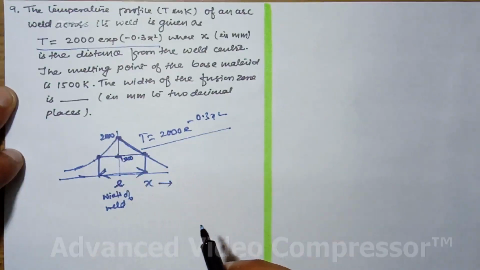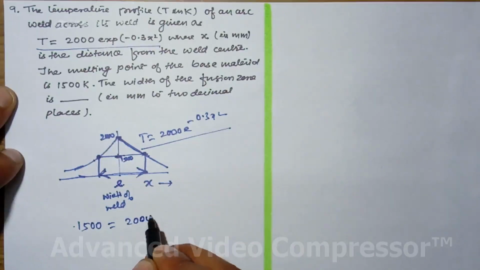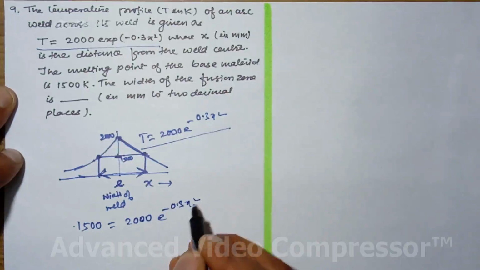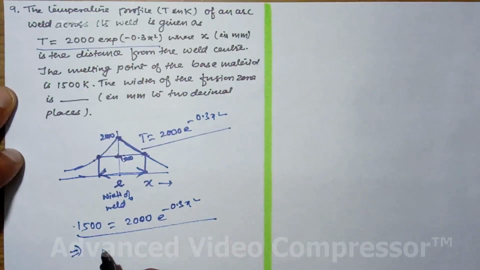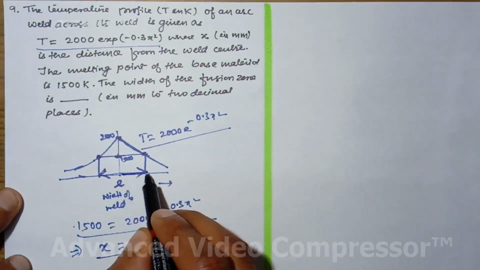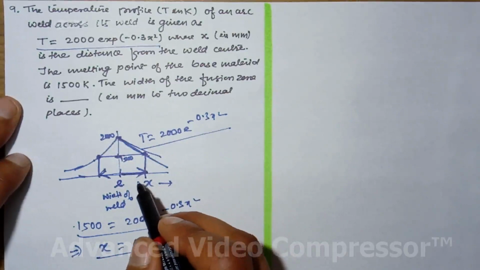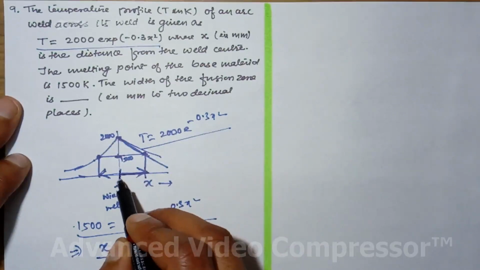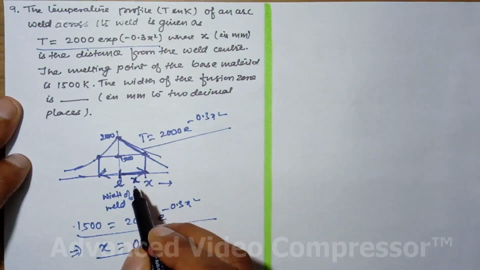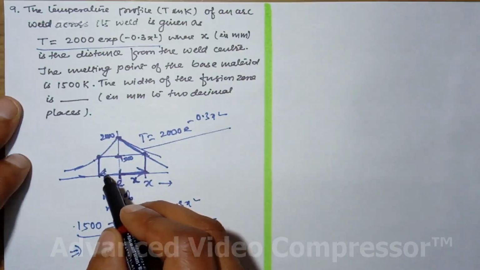So 1500 is equal to 2000 exponential minus 0.3 x square. After solving this, you will get x equal to 0.979. So this x is basically this length, because x is given as varying from the center. But we have to consider the other side also, because it is a symmetrical function, and the width will be this one.